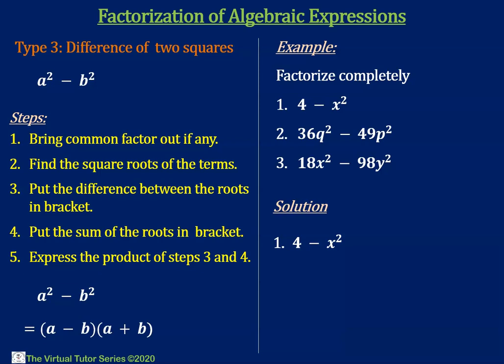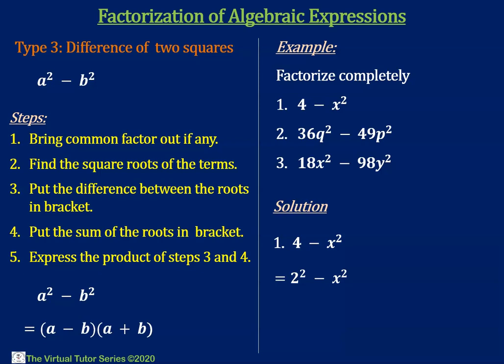There is no common factor, so we skip the first step. 4 can be expressed as 2 squared. So the expression now becomes 2 squared minus x squared.